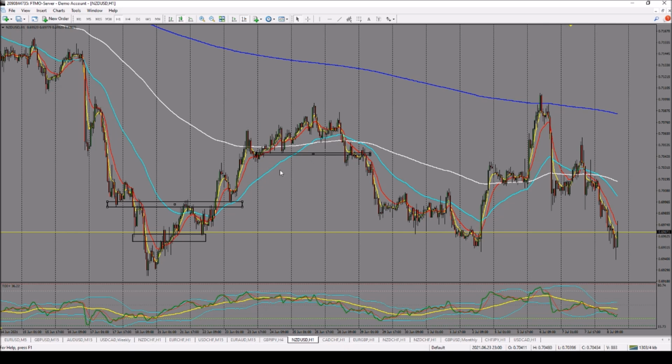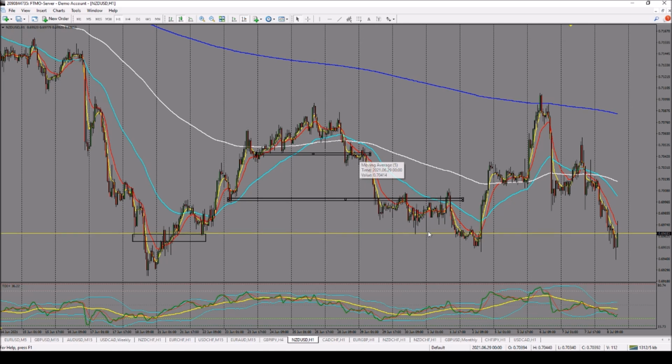This was the first point. Then the second point, let's see how everything went. We broke it, then we retested it. Therefore, we had the first point of entry, then another point of entry as we were going down on this current flow. All these points of entry were derived from the previous flow.